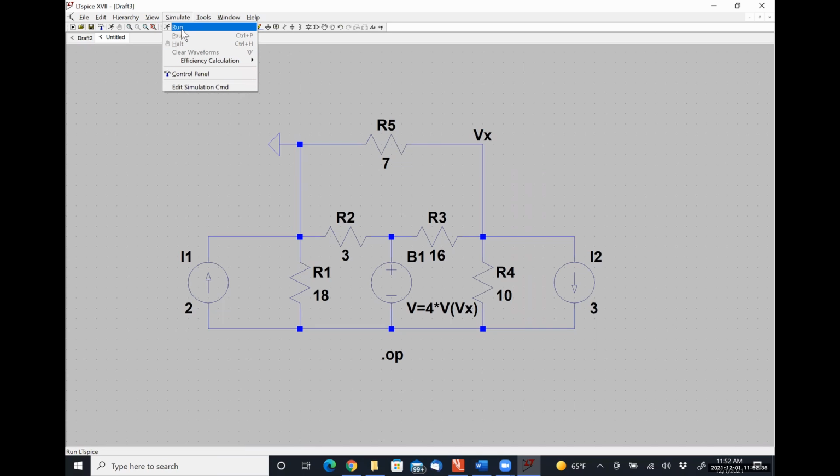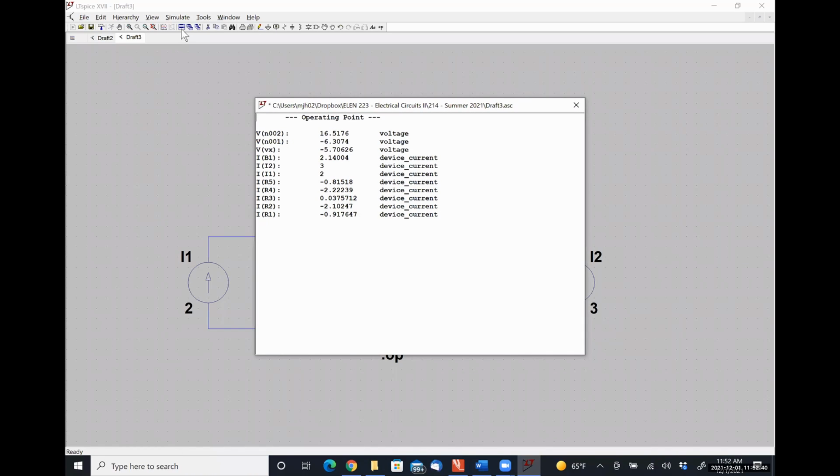And now I'm going to run a simulation. So we can see here that the voltage at node Vx is negative 5.706 volts, which is exactly what we analytically got, right?